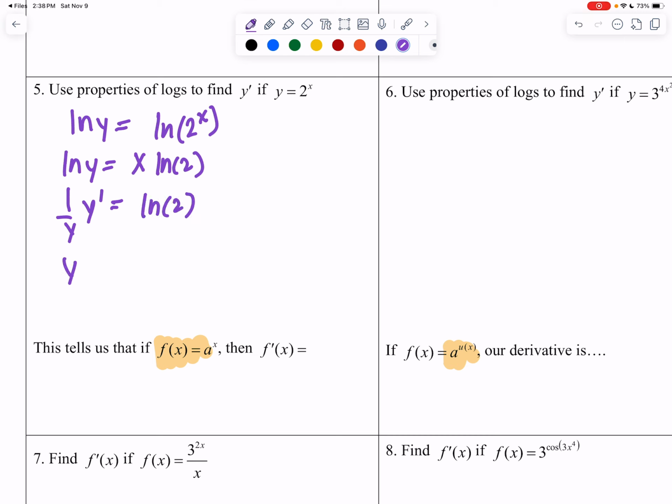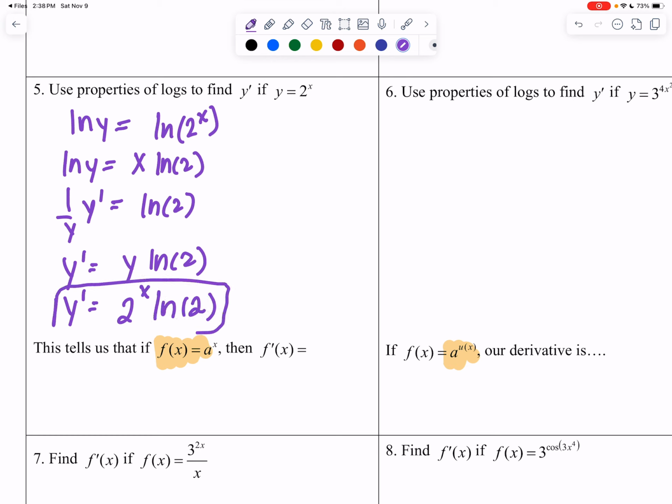And then y prime is going to be y ln of 2. And then if I were to go ahead and rewrite y to be our original function, which is 2 to the x ln of 2, you see that this right here is going to be my derivative. We're going to see something special in terms of 5 and 6.